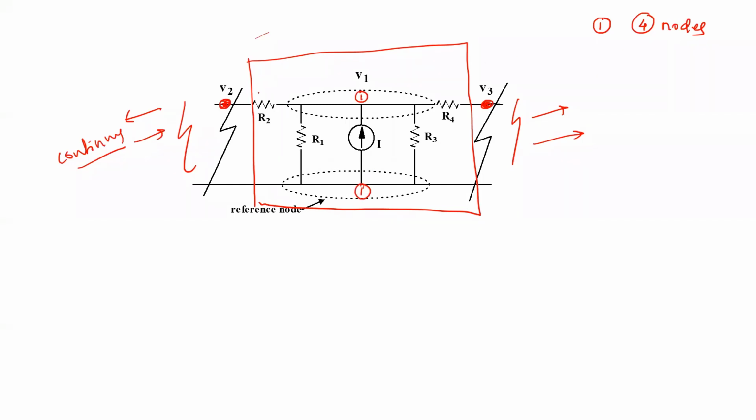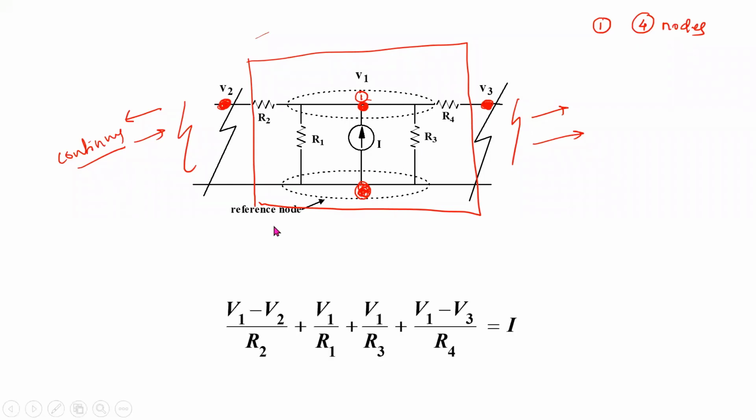There are 4 nodes: 1, 2, 3, 4. The right answer is there are 4 nodes. So please correct your answers and follow the concept.